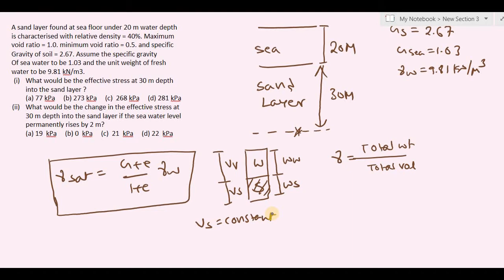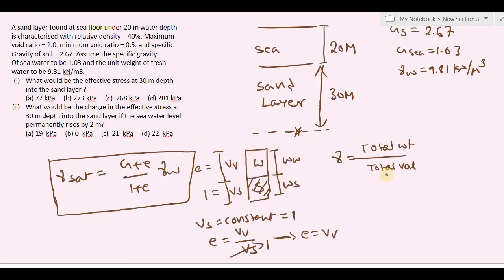So that's why we take Vs as 1. In that case we know E, the void ratio, equals volume of voids by volume of solids. As Vs is 1, E equals the volume of voids. It means that volume of voids equals E if Vs equals 1.